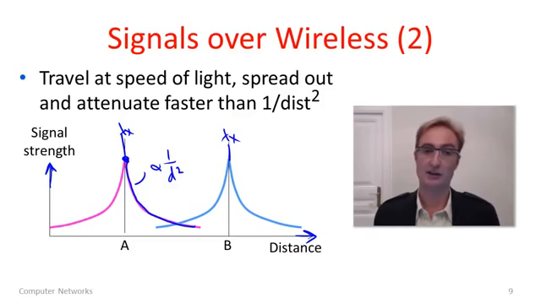That translates into the energy per unit area, if it's the same energy, decreasing at least 1 on the distance squared. And it's at least that because other mechanisms can cause the wireless signal energy to be lost. Now, don't worry about that. You don't need to really understand that. That's just if you're curious. The point I want you to take away is that wireless signals attenuate quickly, at least most rapidly from the source. The signal energy goes down very quickly.